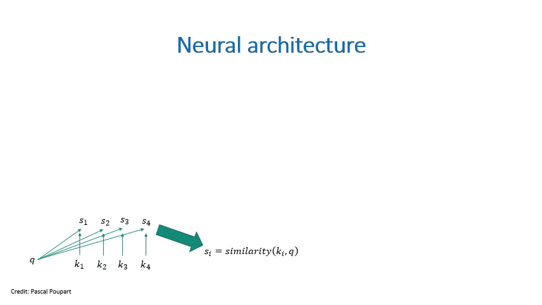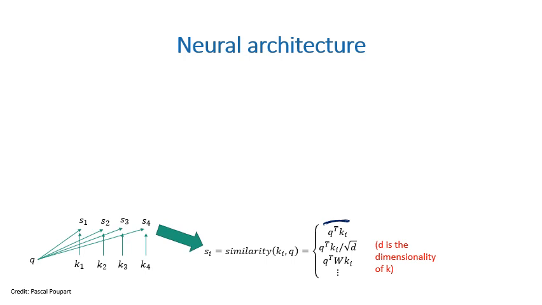In some cases, the similarity function is a neural network, but in this new attention model, the similarity function is basically dot product. So dot product between two vectors is a measure of similarity. In the transformer that we are going to learn later, this dot product is divided by the square root of d, where d is the size of the vector.